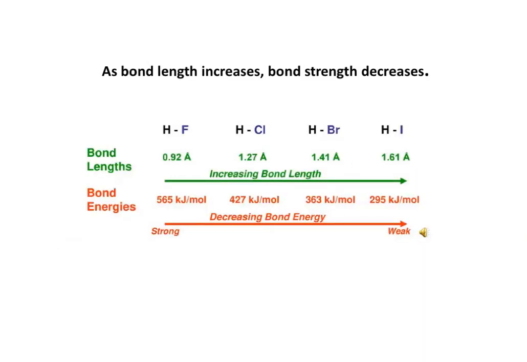Now, not shown in that particular diagram, but a general trend, assuming that other variables are held constant, is that as the bond length increases, the strength decreases. That makes sense if you think about it.